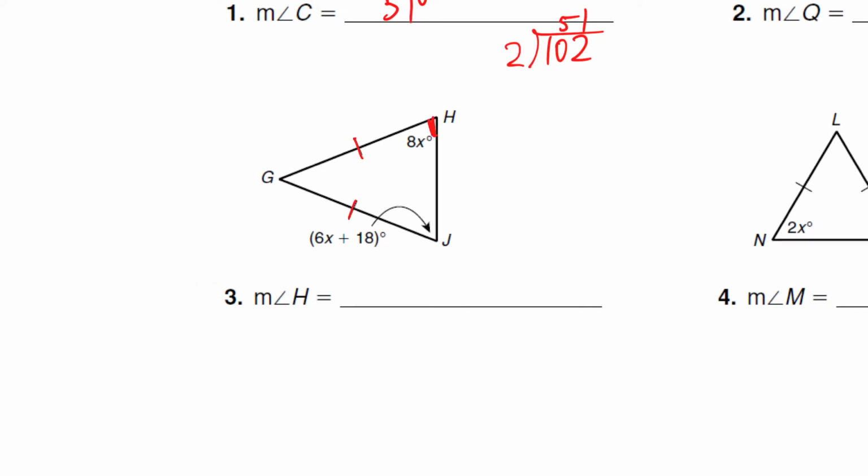So what do I know about these two angles right here? They're congruent. So I'm going to set them equal to each other to find the value of x. So I'm going to have 8x equals 6x plus 18. Subtract 6x from both sides. We get 2x equals 18.